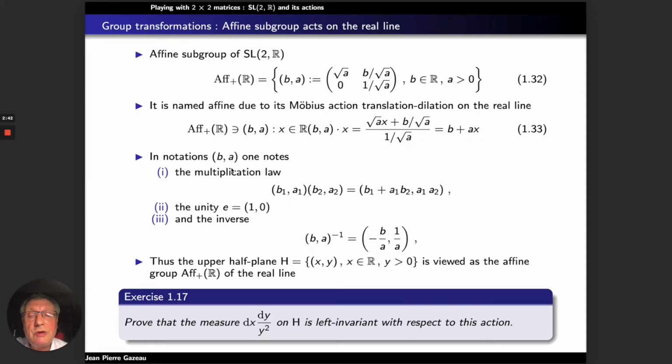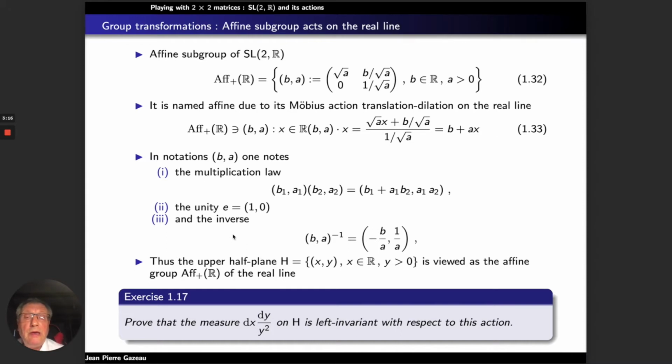With those notations, the multiplication law reads in a practical way in the following. The multiplication between two elements, B1, A1 with B2, A2, is given by B1 adds the multiplication of B2 by A1, and for the second element, you have just the multiplication of the dilation parameters, A1, A2.